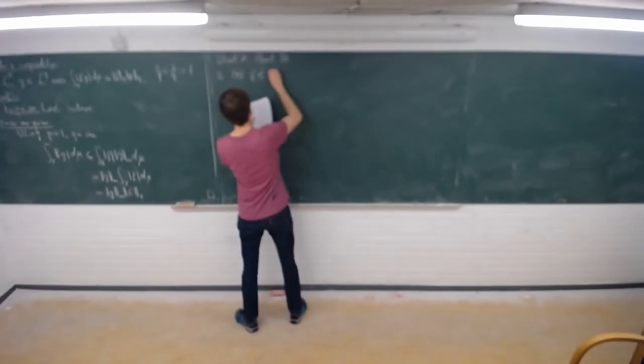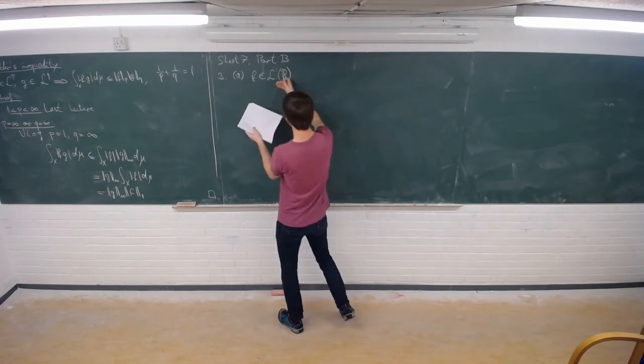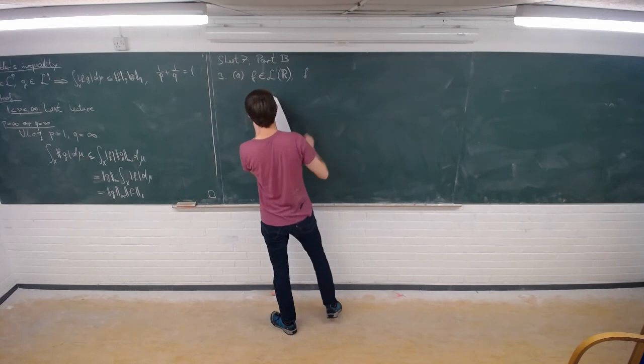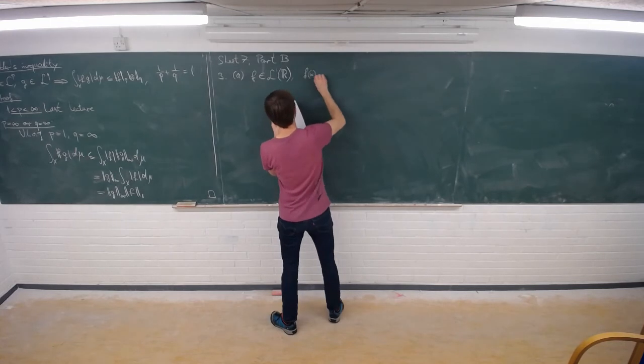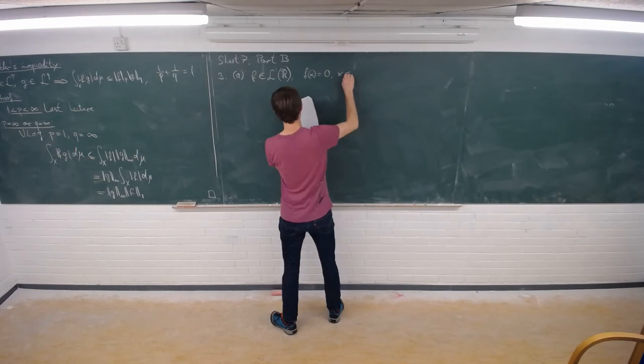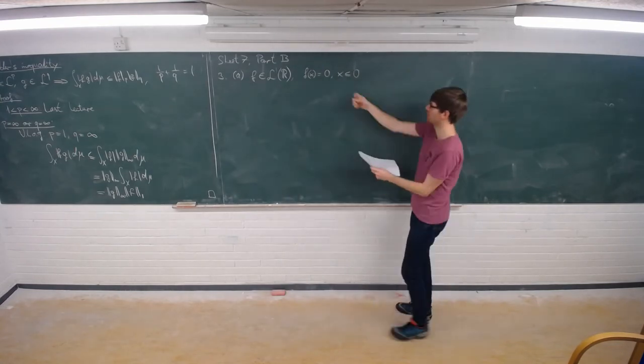So f is in L1 of R with the Lebesgue measure. f is a function such that it's 0 when x is less than 0.